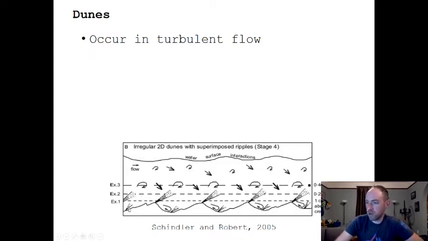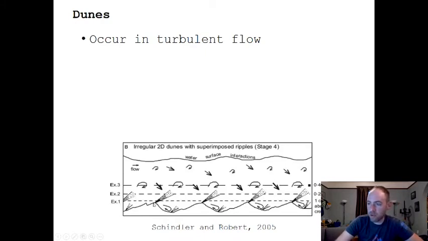So you'll end up, just like with ripples, you get sediment entrained off the back and deposited on the front, but you end up with a flow separation eddy here that can form, and you also end up with a pressure gradient and a wake that occurs over these dunes, which results in a slight low over the crest itself as flow accelerates over the crest, and then a slight high as the wake sort of impinges and as you get flow deceleration over the trough of this dune.